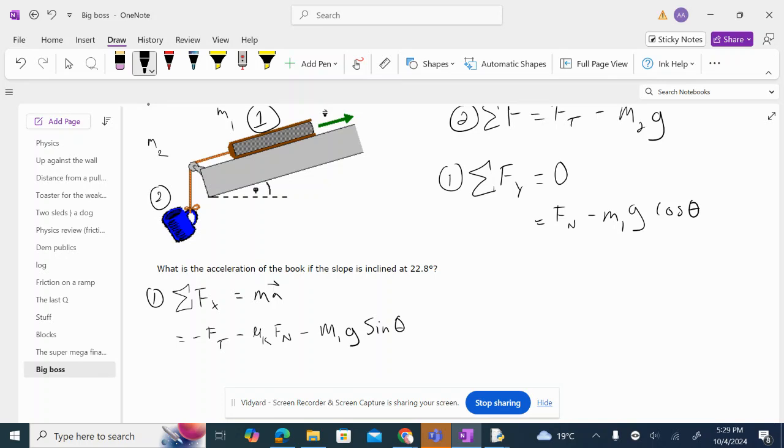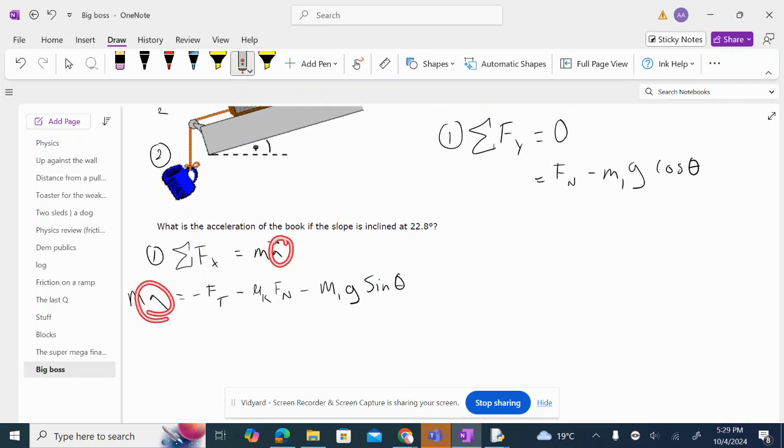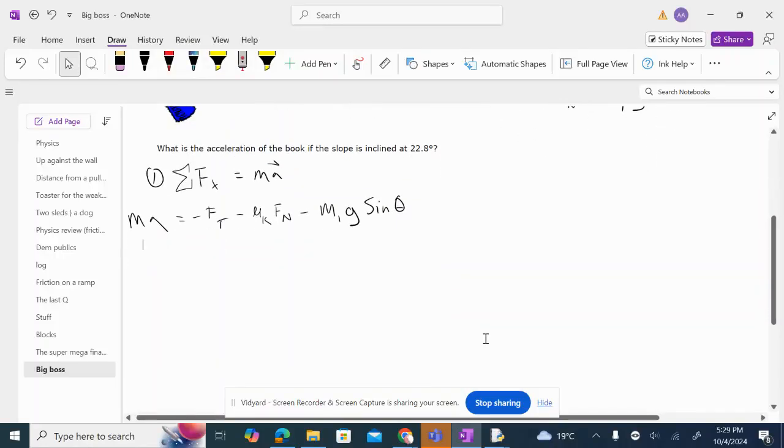Now, this is the equation that we're actually going to be using, because we are trying to find the acceleration. I don't see an acceleration in either of these two forces, but I do see an acceleration right here. So we're actually going to be using this very equation to figure out the acceleration.